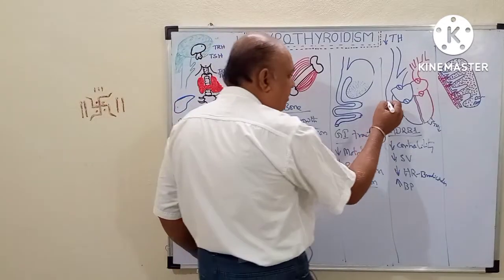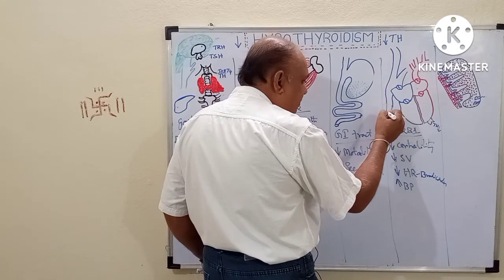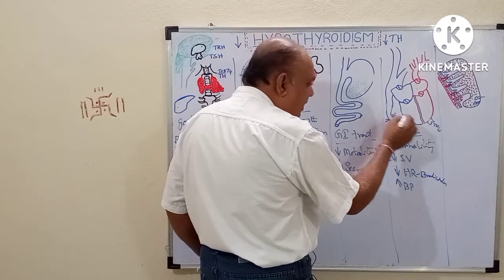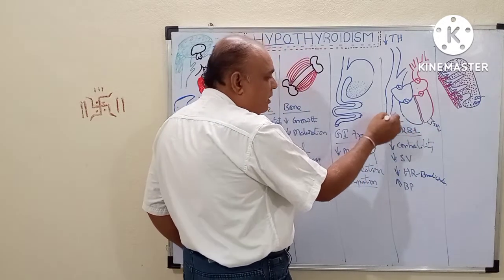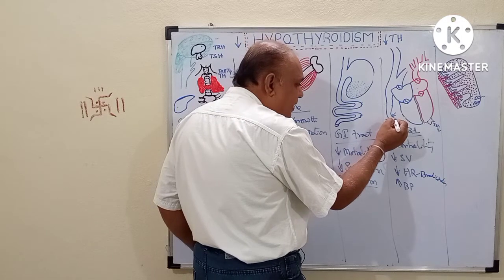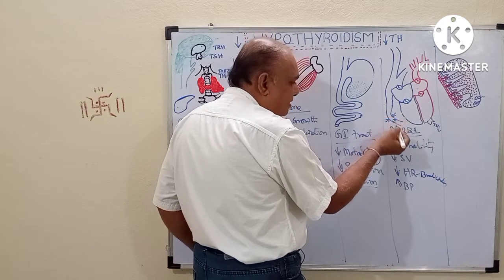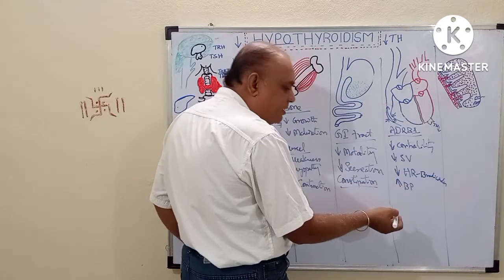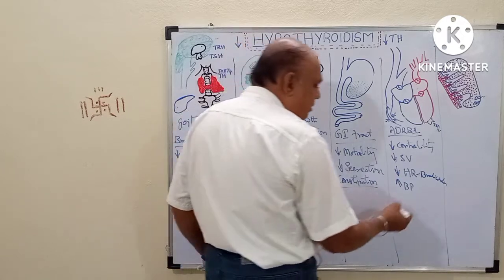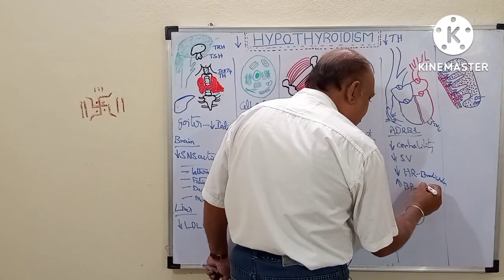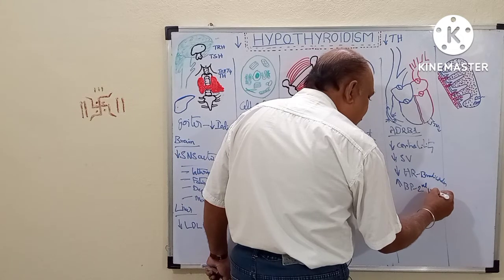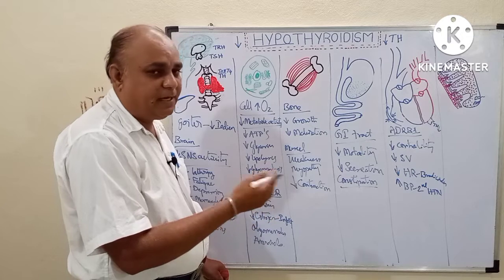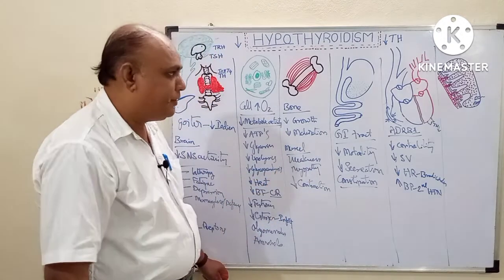The reason is that the vasoconstriction of the blood vessels will increase due to the low thyroid hormone levels, which in turn increases the resistance, that will increase the pressure. There the blood pressure will increase, which can be a cause of secondary hypertension. Both hyperthyroidism as well as hypothyroidism can be a cause of secondary hypertension.